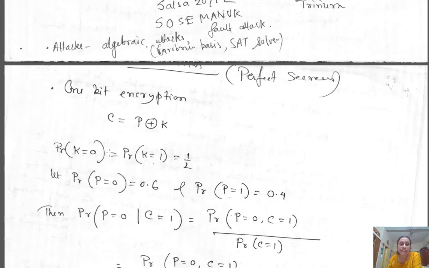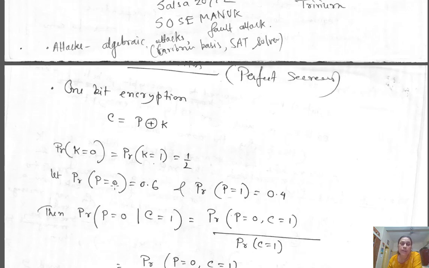Also each key is chosen uniformly. So your key is either 0 or 1. The probability that the key is 0 is half, and the probability of key 1 is also half. But suppose your plaintext P can be either 0 or 1.